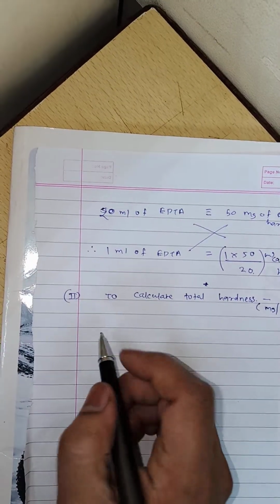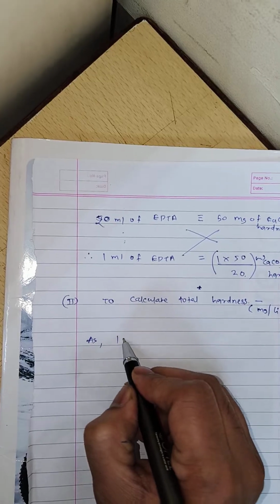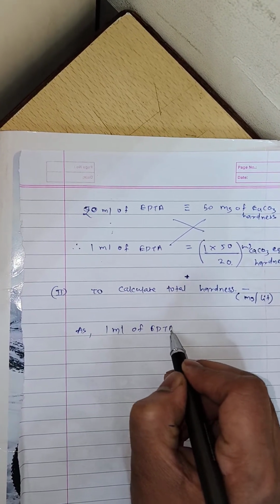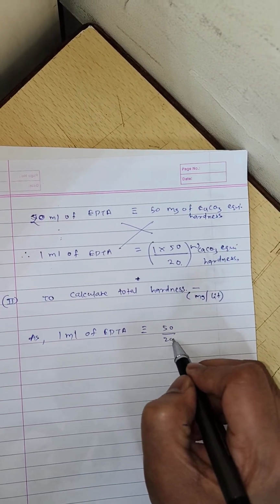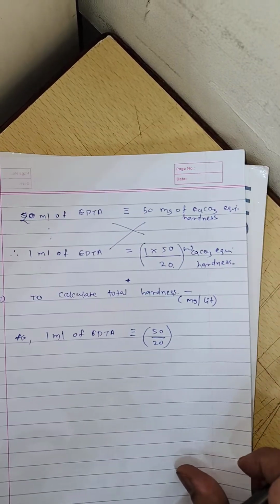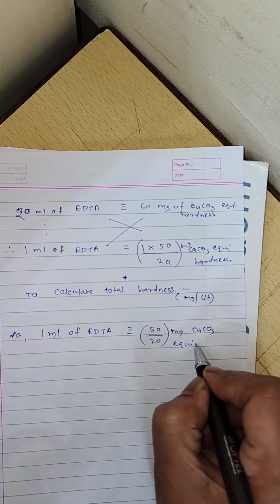So from the previous step, 1 ml of EDTA corresponds to 50 by 20 milligram CaCO3 equivalent hardness.